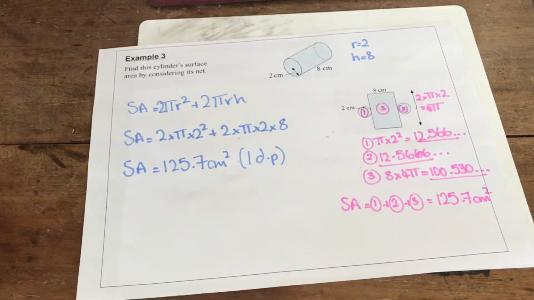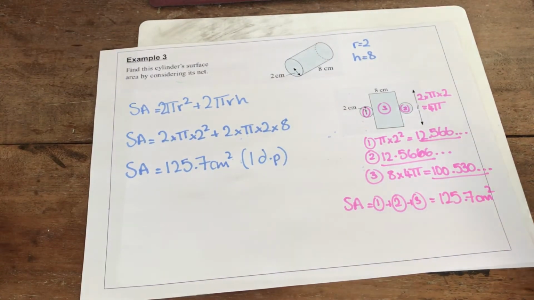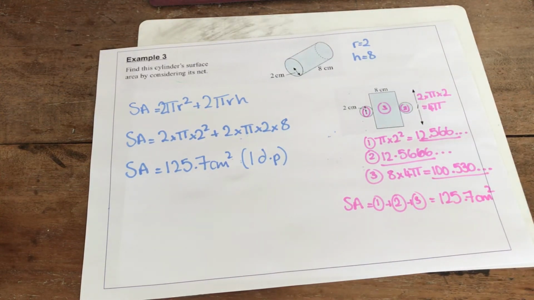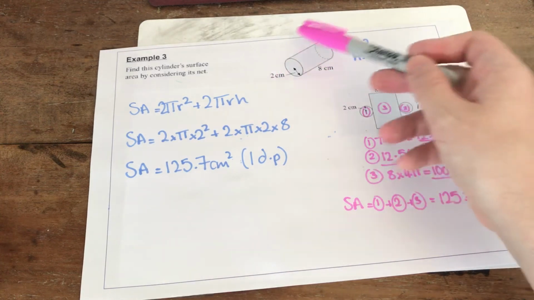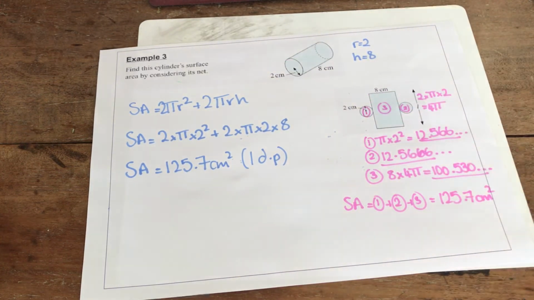It's up to you which method you prefer to use. Some students may prefer to use the formula and just substitute in. Some students may prefer to break it down and work out each individual shape. Every time you break down a cylinder, you will get this net here, so that's not going to change shape by shape.